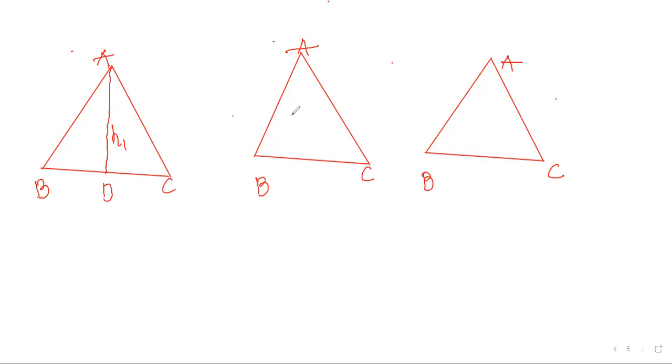And again, if you drop a line like this, this is H2. And if you drop a line like this, let's say this is E and this is F, and this is H3. So what is the area of a triangle? This is side a, this is side b and this is c.